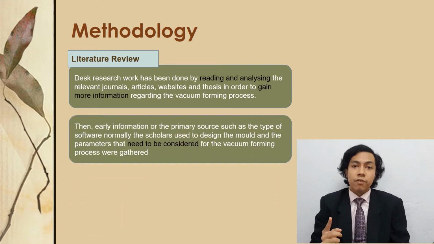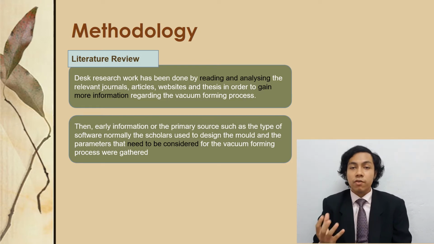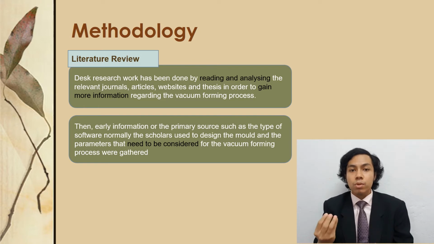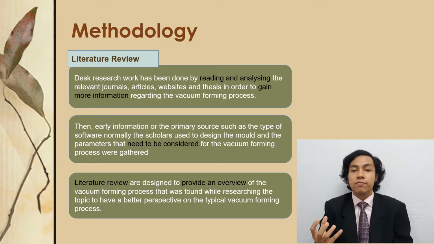Then, early information or the primary source of the type of software normally the scholar used to design the mold and the parameters that are needed to be considered for the vacuum forming process were gathered. The literature review is designed to provide an overview of the vacuum forming process that was found while researching the topic and to have a further and better perspective of the typical vacuum forming process.